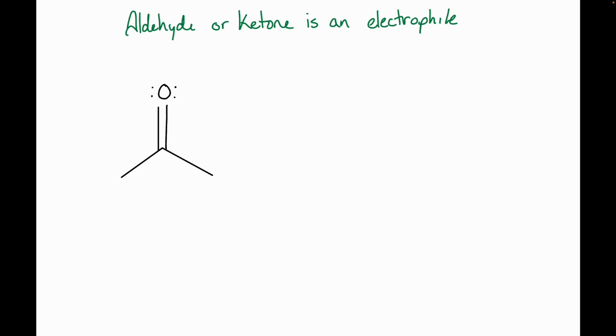All right, there are two main features that make this molecule such a good electrophile. The one of which we talked about at the beginning, it's this polar bond where carbon is bound to the more electronegative oxygen. So oxygen is pulling electron density onto itself away from that carbon atom.